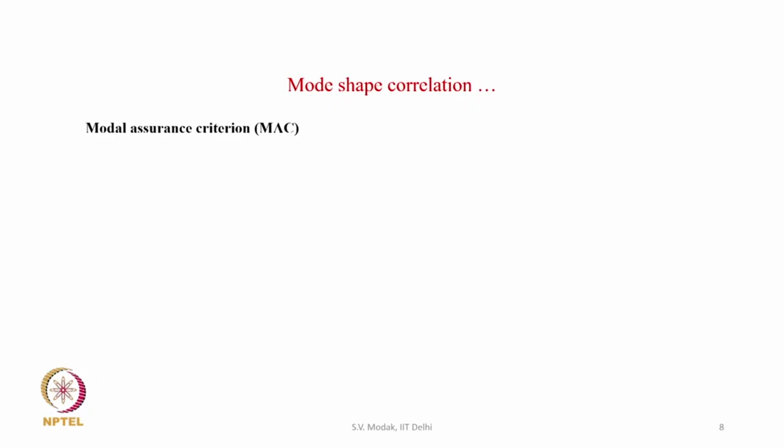Therefore, to address this problem, some indices have been suggested to quantify mode shape correlation. One is the modal assurance criterion, abbreviated as MAC, and the MAC between an experimental mode and an analytical mode is computed using this expression.